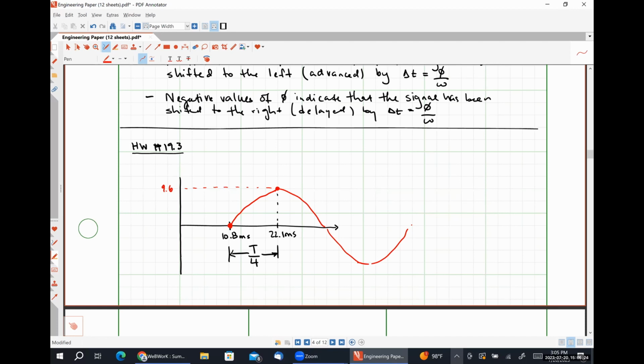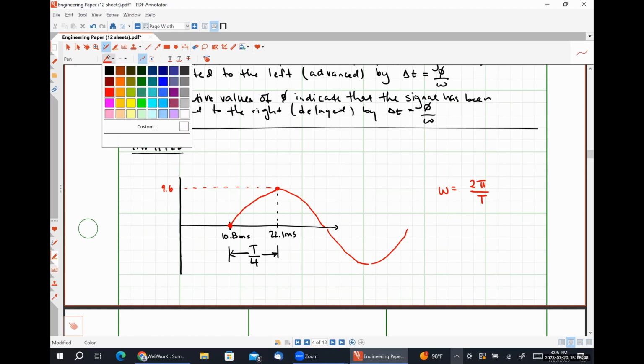So since we know the amount of time that it took for 1/4 of the wave to go, we can then extrapolate what the period is, and then we know that omega is 2 pi divided by T. So we have enough information to figure out what omega is.